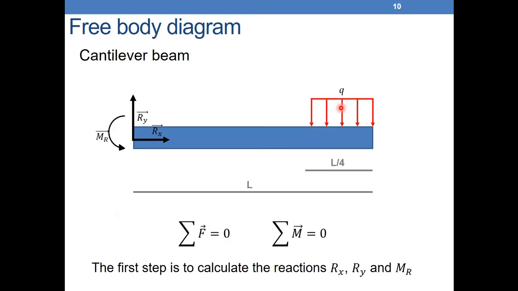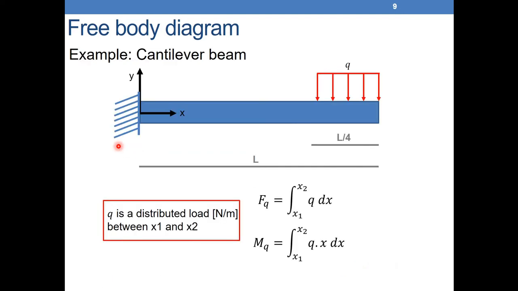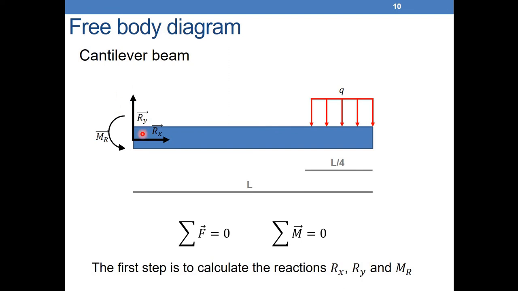The first step, if we want to study this system, is to draw the free body diagram. Now, because we have an embedment here, the embedment will prevent motion in the vertical direction. It will also prevent rotating. So it will create inside here a reaction moment and a reaction force. The reaction moment, we can take it in any direction we want. It can be positive or negative, depending on the direction that we choose.